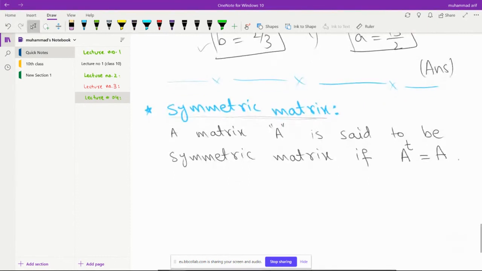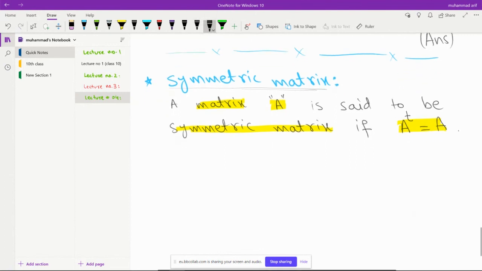Any matrix, say A, is said to be symmetric matrix if transpose of a matrix A is equal to itself. This is the definition of symmetric matrix.